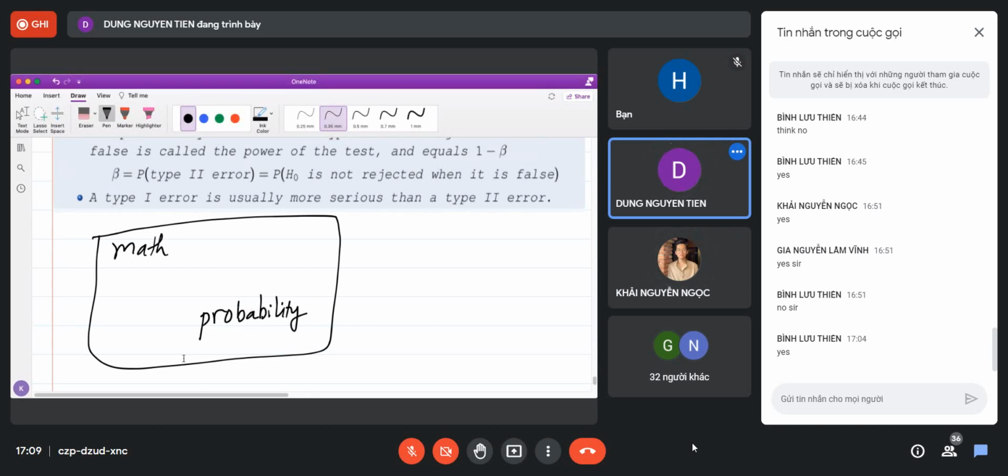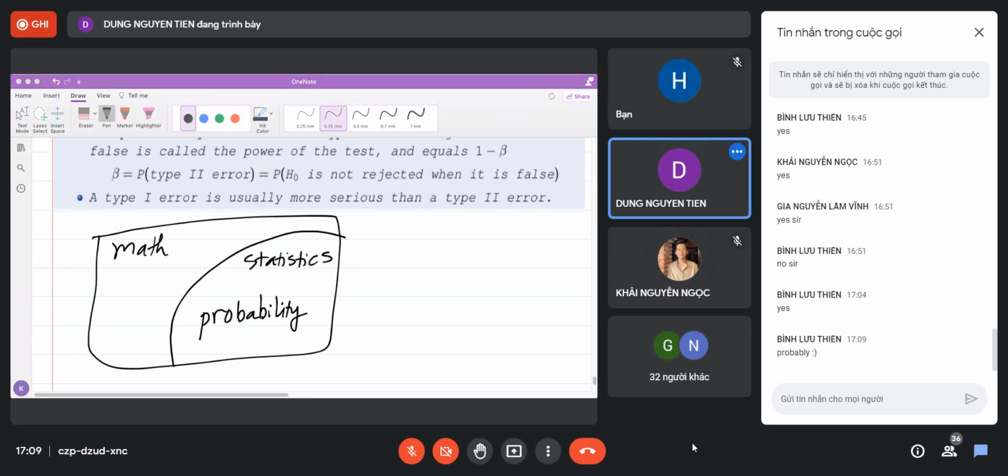Yes, okay. All right, now, how about statistics? Do you think that statistics is a part of math or a part of probability? Do you think so? Probably. Why? Why do you think that statistics is a part of math?